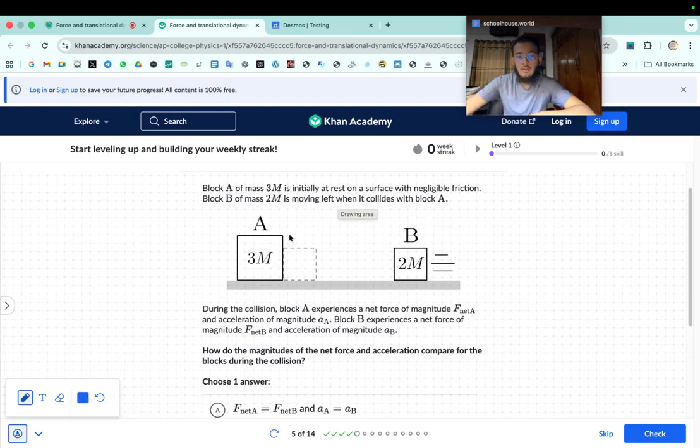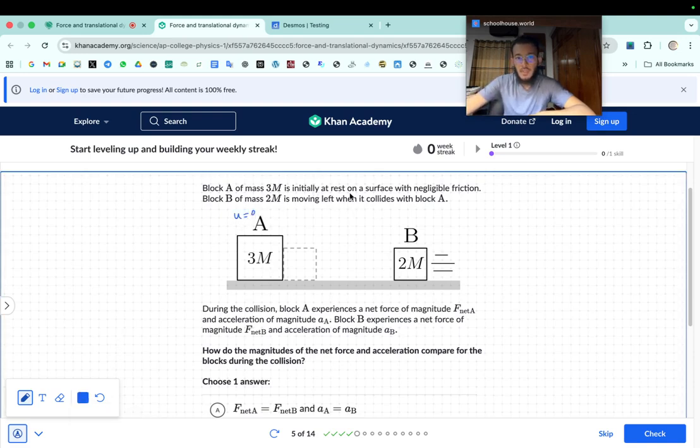A block A of mass 3m is initially at rest, so v equals 0, on a surface with negligible friction.